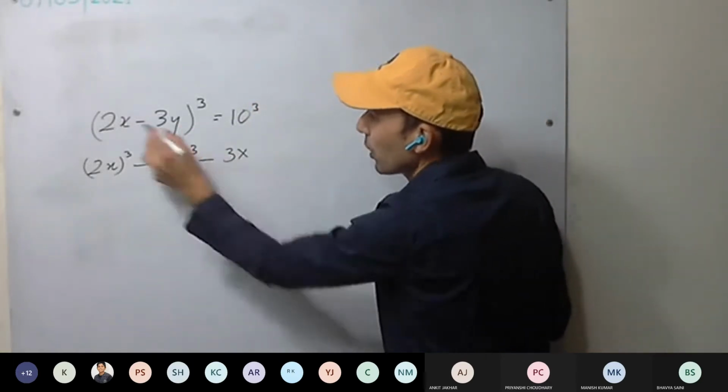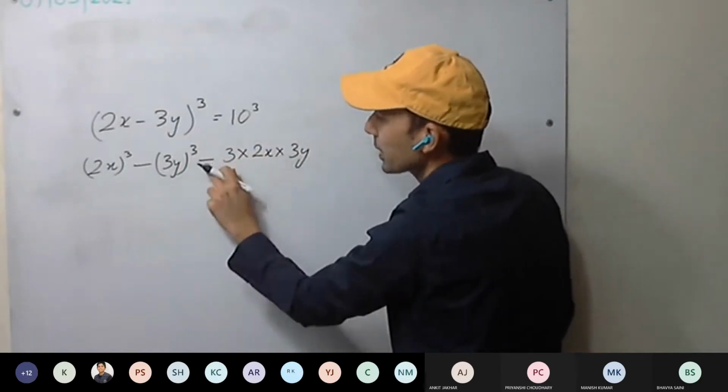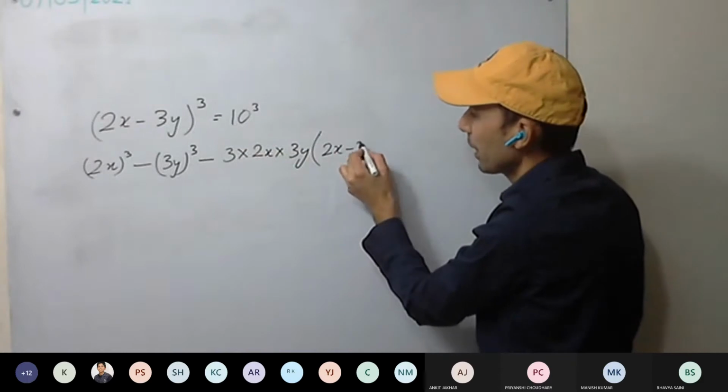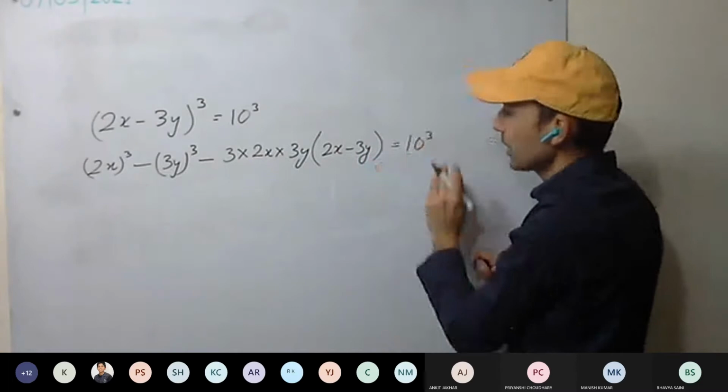So what will be a? 2x into 3y. Minus, I already put here, a minus b, 2x minus 3y, and this equal to 10 cube.